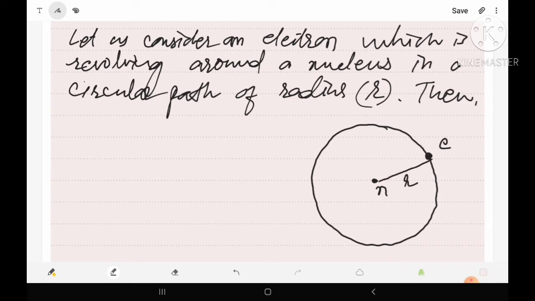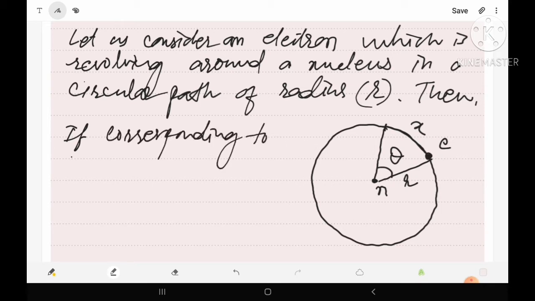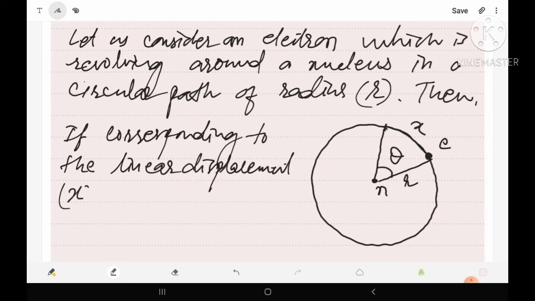Then corresponding to the linear displacement x on the circular path, suppose the angular displacement is theta.